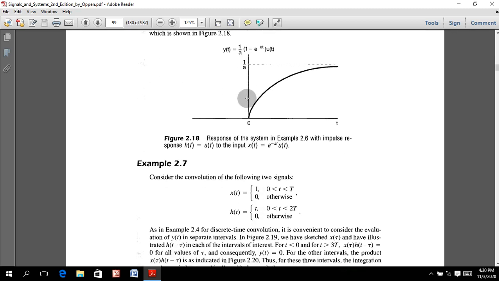The signal is a function x of t, which is equal to 1 when the value of t is in between 0 to T, and otherwise it is zero. And the impulse response h of t has a non-zero value where t is in between 0 to 2T, and other than that we will find a zero value.